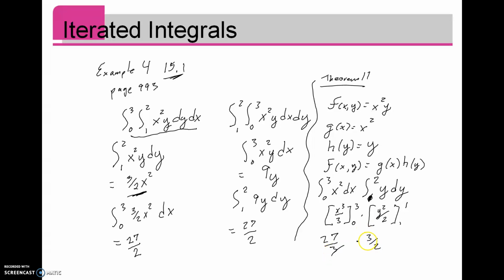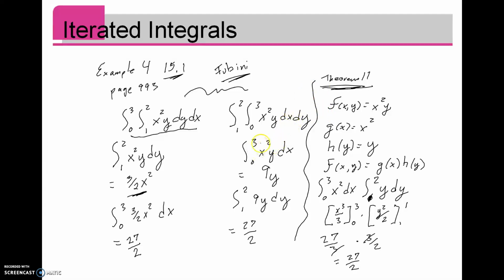Those 3's cancel, right? So in this case, we also get 27 over 2. So for these double integrals, we're using Fubini's, not Fibonacci, right? Fubini's theorem. And then over on this right side, we're using theorem 11. So that should give you a good start in your ability to integrate these double integrals.